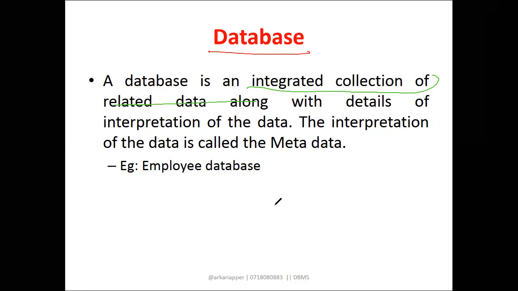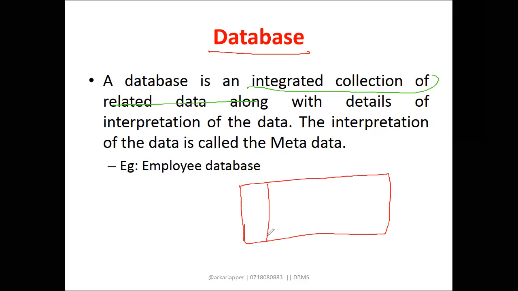If you take a table, this is column 1, this is column 2, this is 3, this is 4, this is 5.